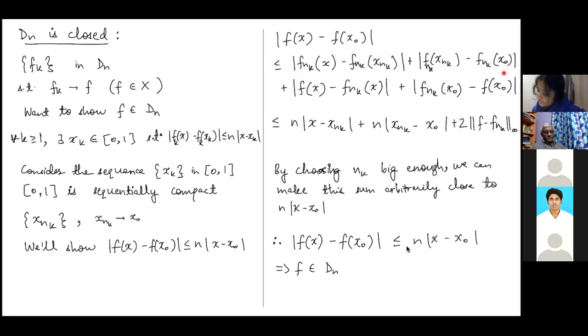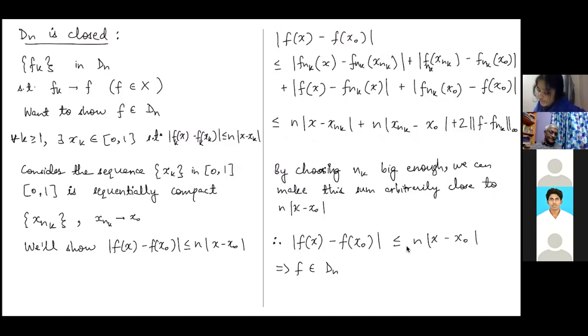Same here, just with x0 replacing the x, so this will be less than or equal to n times |x_nk - x0|. These two terms are looking at the difference between f and f_nk at a particular point, so both of these have to be less than or equal to the norm of f - f_nk. Put together, it's less than or equal to 2 times that norm. So I bounded this difference by this quantity.